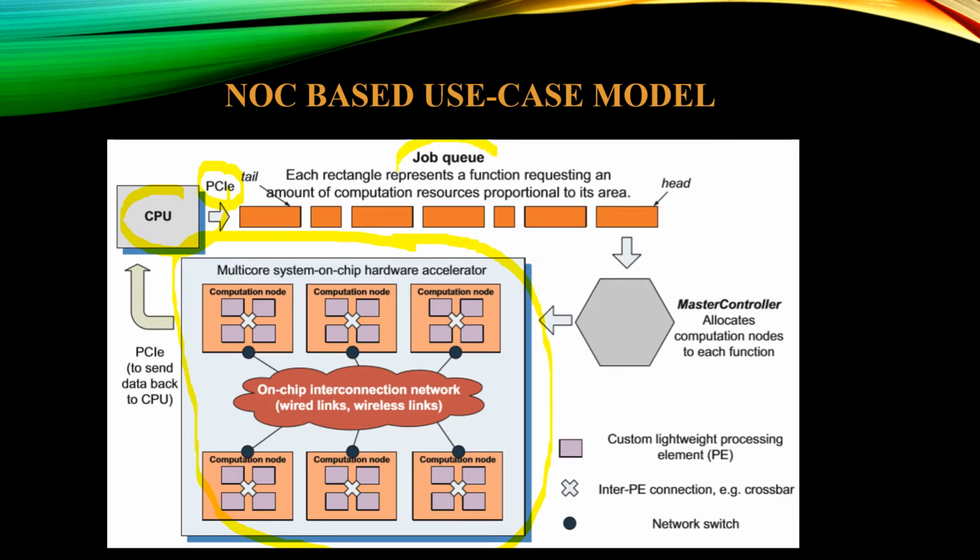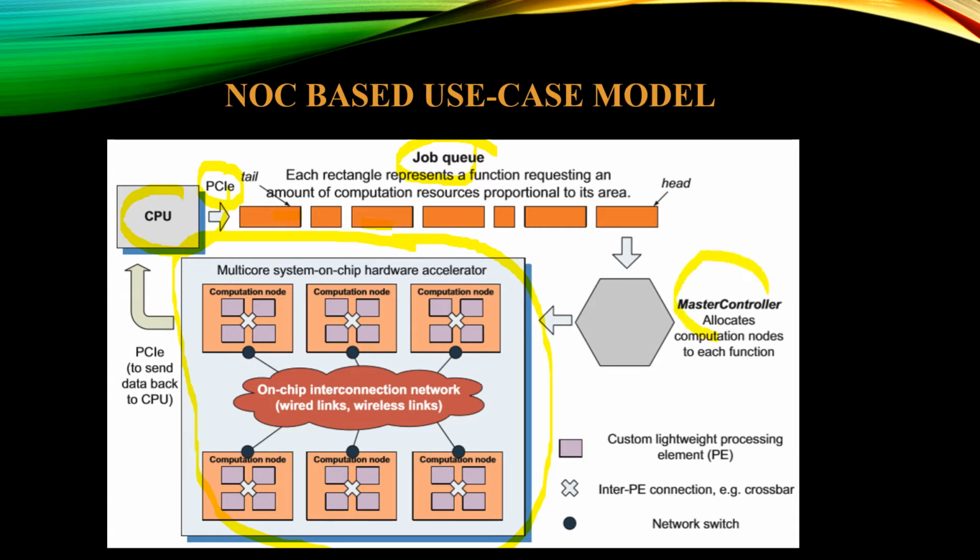PCI is a standard for connecting computers and their peripherals. Here there is a job queue, and each rectangle here represents a function, and the area of this rectangle is proportional to the amount of computational resources requested by the CPU. The job queue is offloaded by the CPU to the master controller and then to the SOC hardware accelerator.